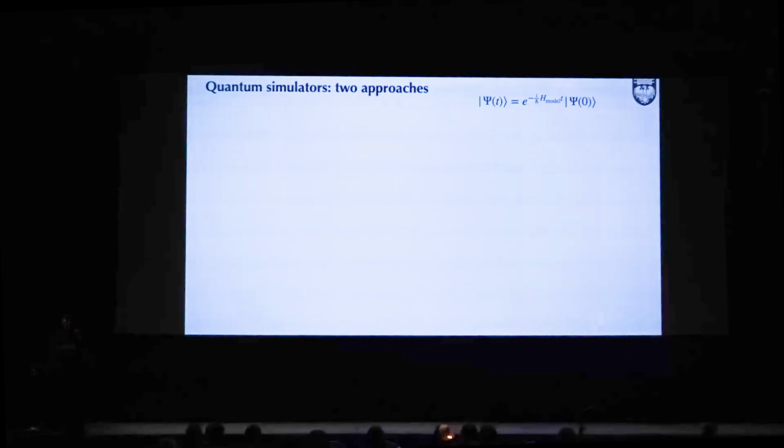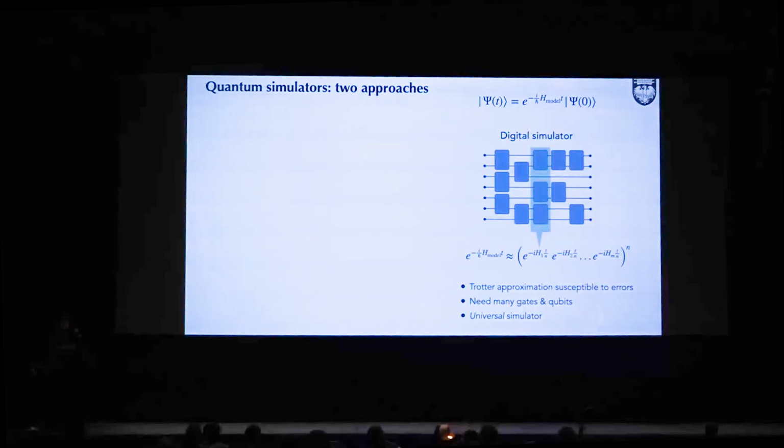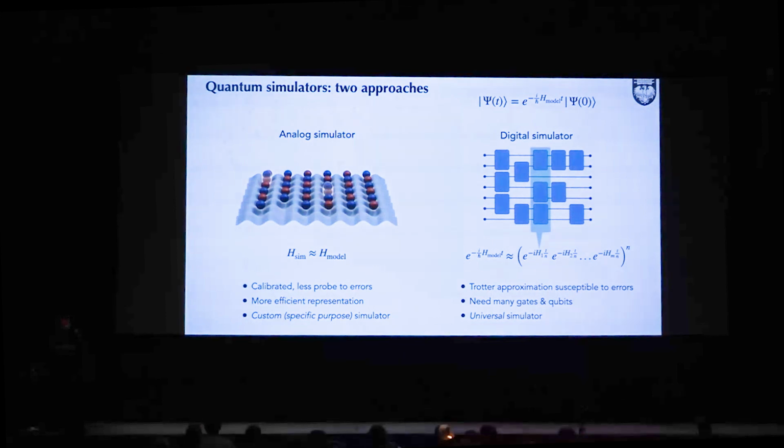As is currently discussed, and will be discussed in this workshop, quantum simulation follows generally two approaches, both with their own advantages and disadvantages. You have the digital approach that promises a universal simulator, where the efficiency of your Trotter representation relies basically on having small gate errors.